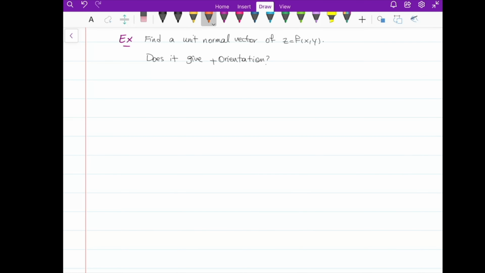Okay, let's do it. I have z equals f of x and y. I'm going to find a parameterization of that. To find the parameterization, I let x be my first parameter u, y be my second parameter v, and z be f of u and v. Therefore, my parameterization would be u, v, and f of u and v.